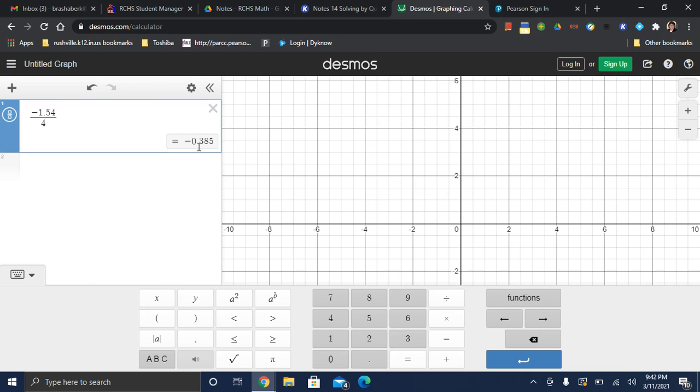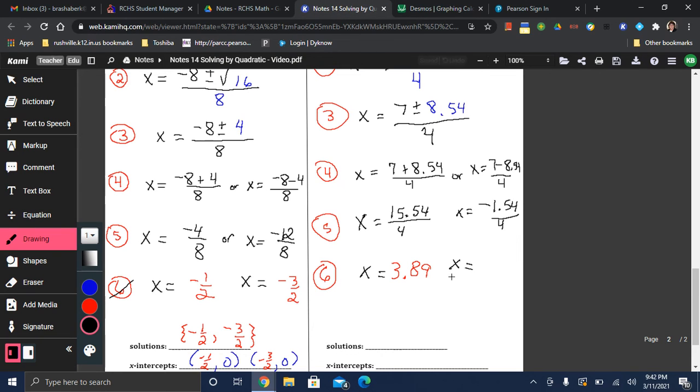And I get negative 0.385. So once again, I go to this 8. The number after it is 5 or bigger, so I want to take this up to a 9. So negative 0.39. And that will be my other solution. So negative 0.39. And then I'm ready to write my solutions.